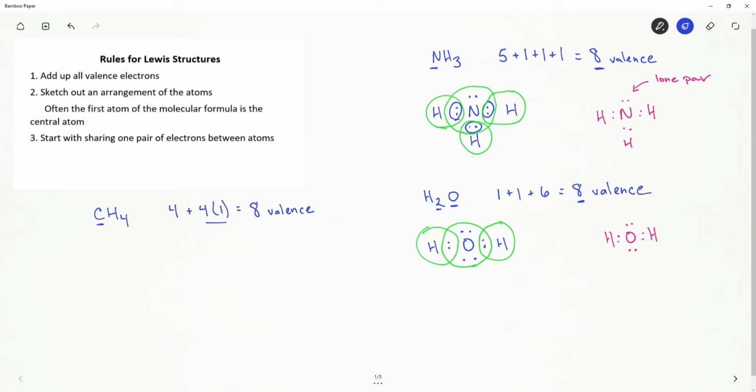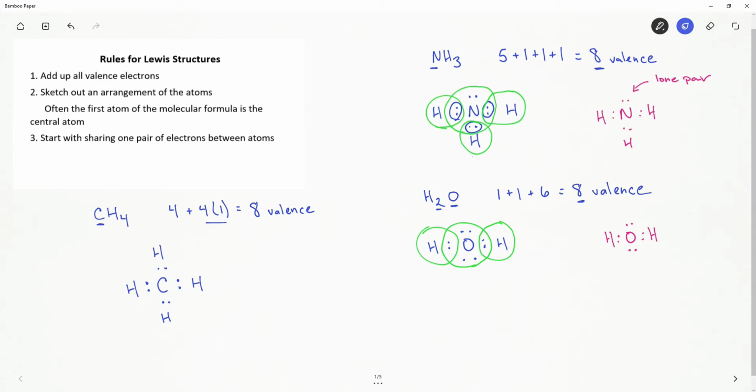Again, carbon is written first. It is a single atom, so I'm going to put it in the center. So I'm going to put carbon in the center, and I need 4 hydrogen atoms on the outside. All right, let's place electrons in. 1, 2, 3, 4, 5, 6, 7, 8.